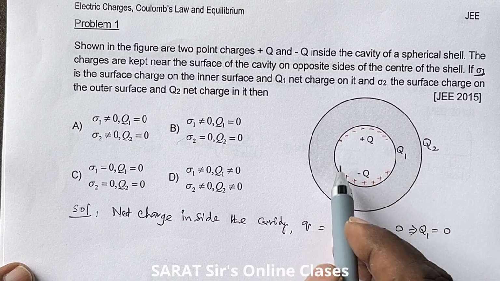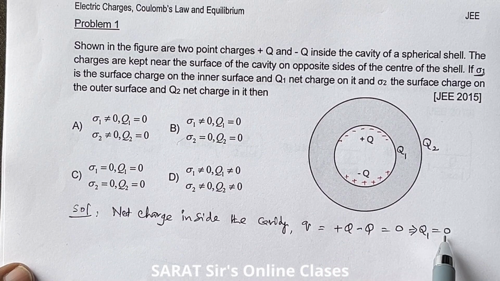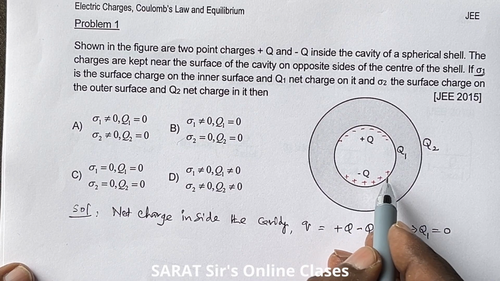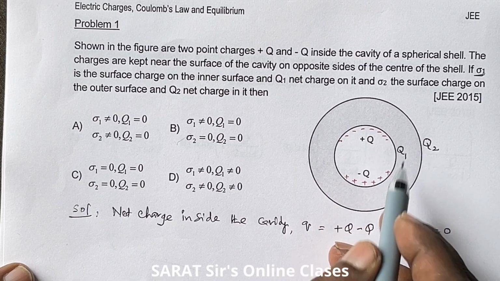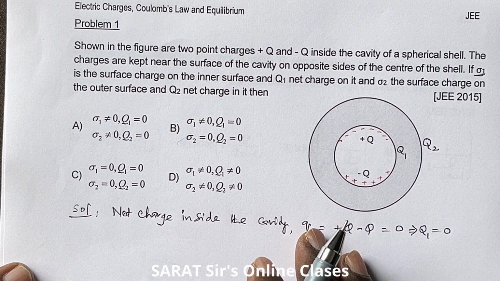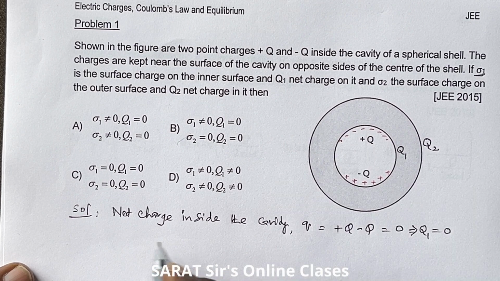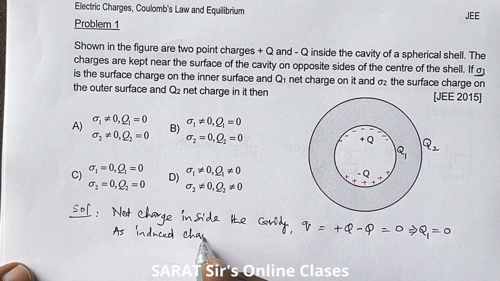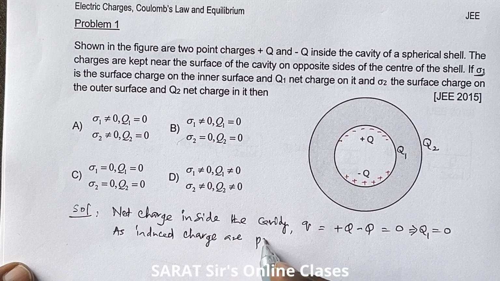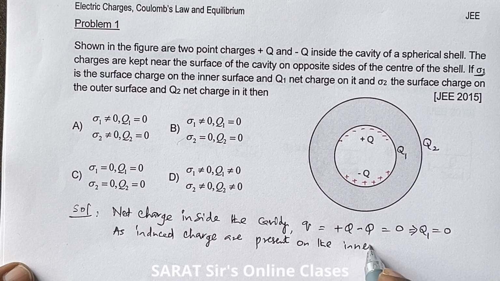So on the inner surface of the cavity, even though the net charge became 0, the charge on the surface is still there. The charge is spread on the surface, which means a surface charge density is there, as induced charges are present on the inner surface of the cavity.